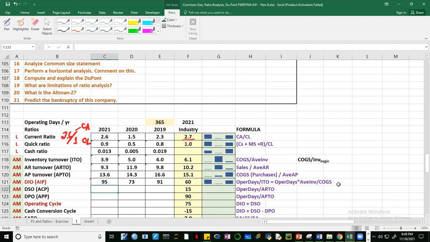Okay, and then we go to day sales outstanding. Again, guys, yung mga days na yan, mga kapatid yan ng mga turnover. Si day sales outstanding, kapatid niyan si ARTO, Accounts Receivable Turnover. You'll just look at the formula, kinuha lang natin yung reciprocal, no? Yung operating days divided by the average accounts receivable turnover.